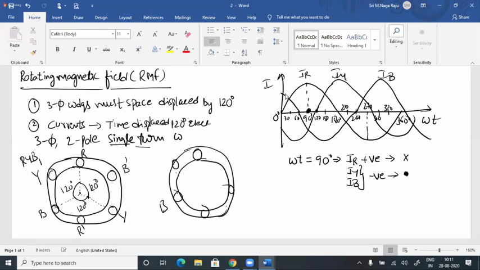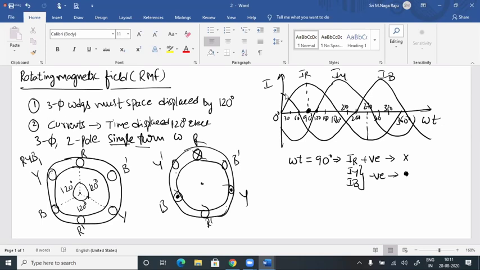This is B dash, R dash, Y dash. Now see, at omega t equal to 90 degrees, IR is positive. In R phase, current is positive, so we will denote with cross. In Y phase, current is negative, dot. B phase also current is negative, dot.